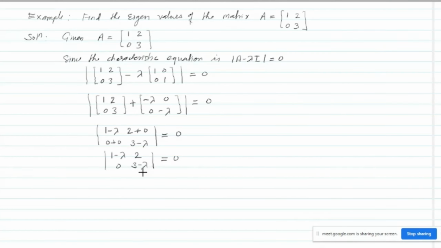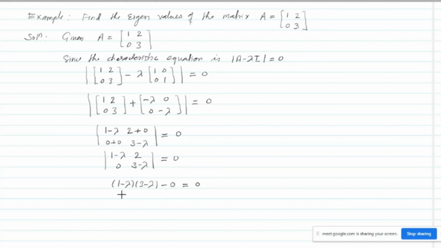So now just cross multiply. This is multiplied with this, and this with this. So this is 1 minus lambda times 3 minus lambda, and minus sign, 0 multiplied by 2, that is 0. So this equal to 0. Here you always put a minus sign; after cross multiplying there will be a minus sign in between.